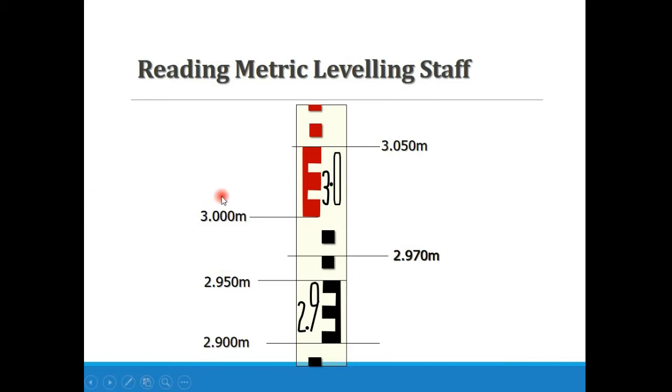So if the reading was at the middle here, it would have been 2.95 here, and then there it would have been 2.96, and halfway on this dot, it would have been 2.965 meters. So that's how we read these whenever you are doing the leveling in the field. I believe this has been useful to you.